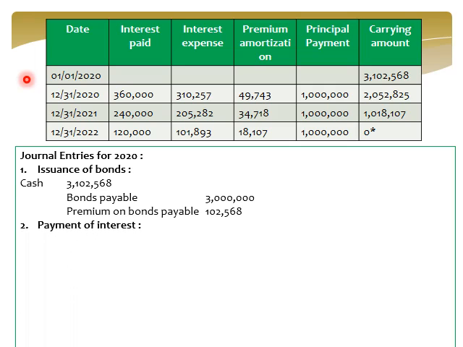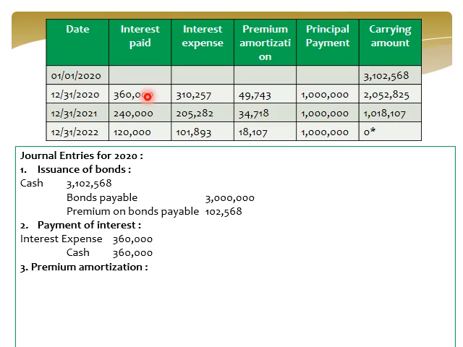So, since the issue price is higher, therefore, we have premium on bonds payable of 102,568. Number 2, the next date is December 31, 2020. So, first we record the payment of interest of 360,000. So, payment of interest, debit interest expense, 360,000. Credit cash of 360,000. Next, our journal entry is the premium amortization.